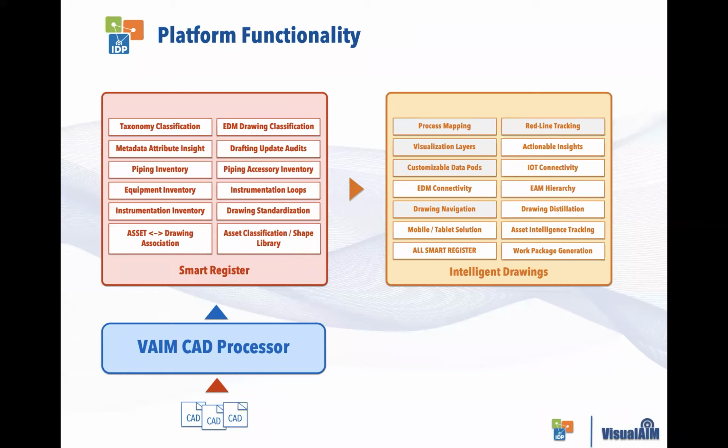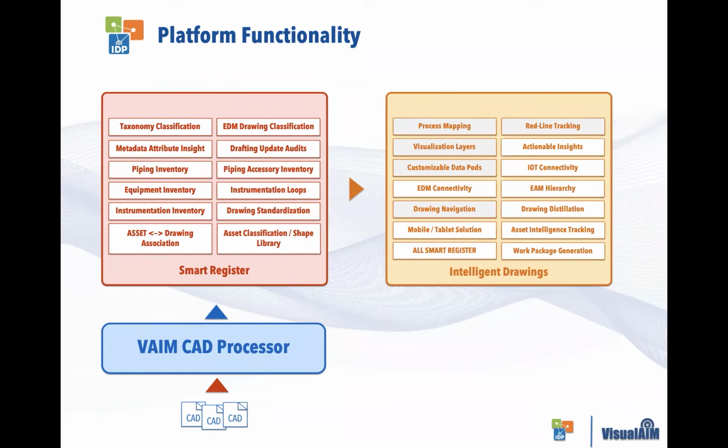The visualization layers comes down to getting information from other systems and being able to visualize that on top of the drawing, again, by recoloring or creating layers on the drawing. So we've had examples where we're identifying asbestos-based insulation and understanding which circuits potentially have asbestos insulation in them, and being able to visualize those on the drawing for understanding when we're going out to do inspection planning, if we have asbestos situations.